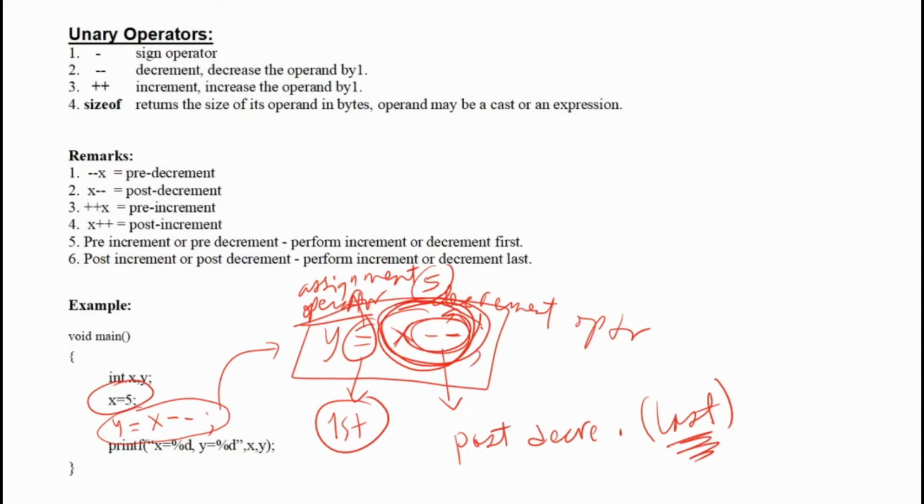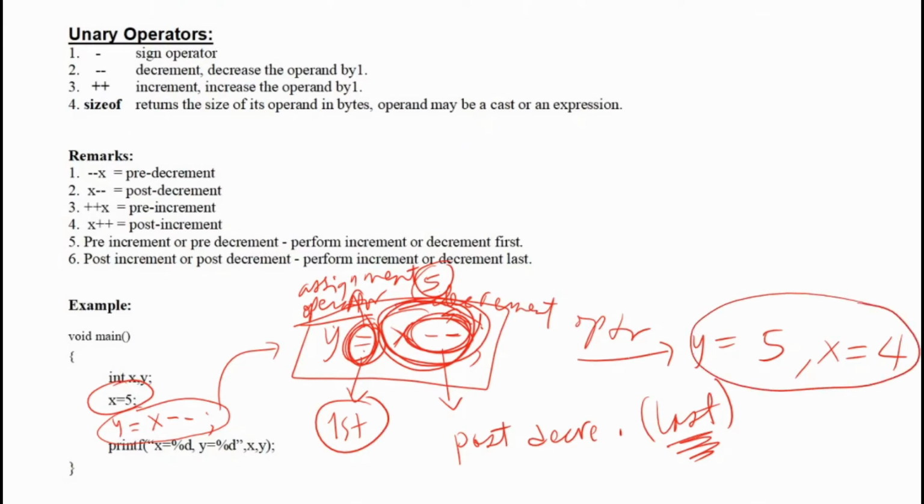And so when you perform this, you assign the value of the right side, 5, to y. At this point, your y becomes 5. After you have performed the assignment operator, you perform the decrement and you decrement x, so your x becomes 4. From 5, it becomes 4. So these are now the values of x and y.